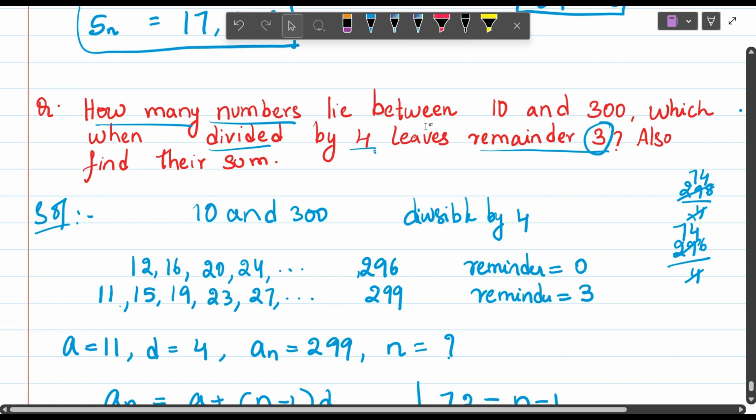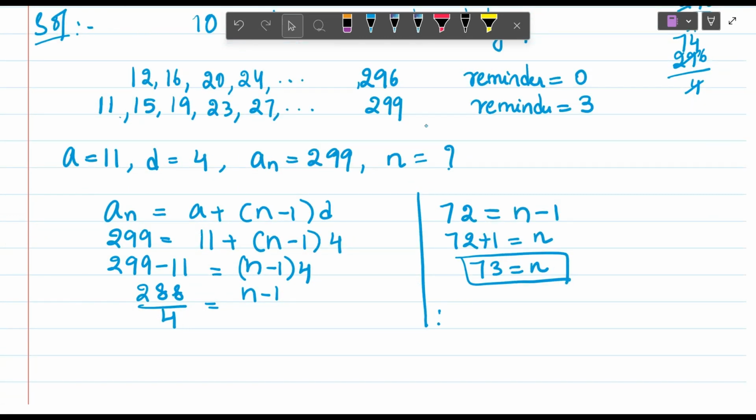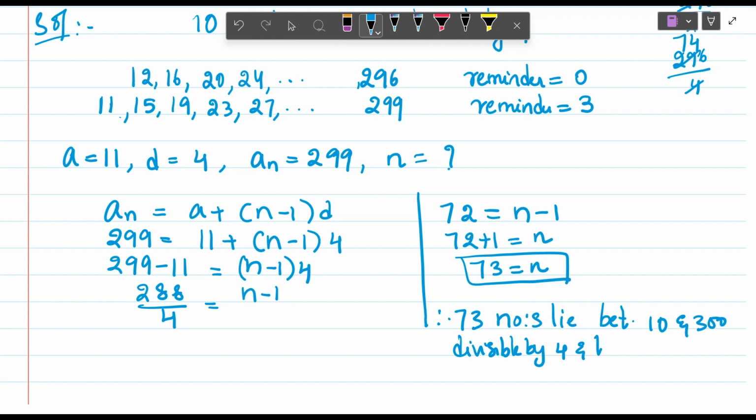Therefore, 73 numbers lie between 10 and 300, divisible by 4 and leaves remainder 3. You have to write full form, students. Did you understand, students?